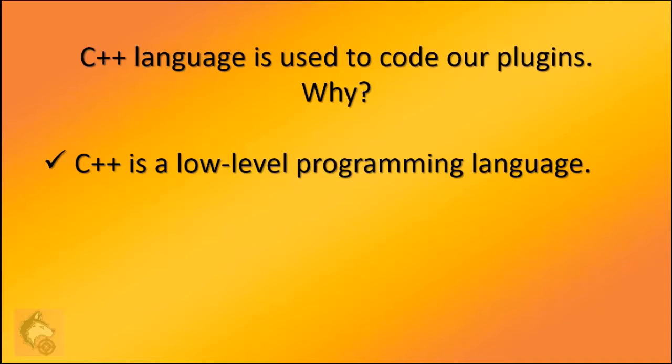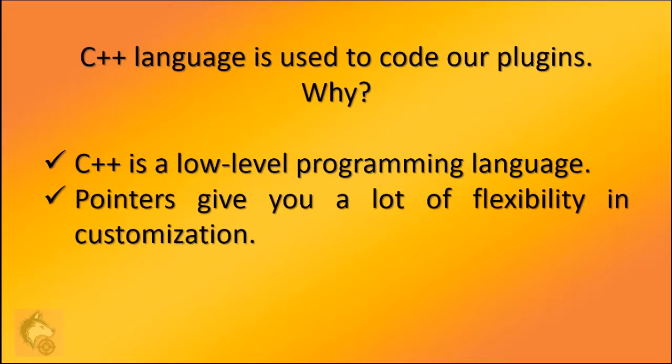So C++ is a low-level programming language, and it has its own pros and cons. I'm not saying that this is a perfect feature, but we will always look at the glass half full. In C++, we have a term, pointers. You might have already heard of it or you might not, and this is not a problem. Pointers give you a lot of flexibility in customization. By pointers, let me tell you something like this.